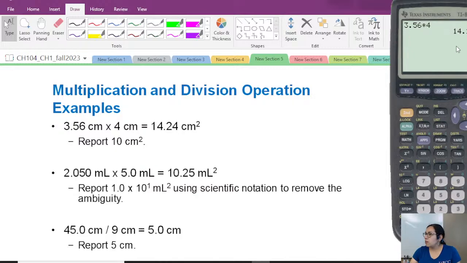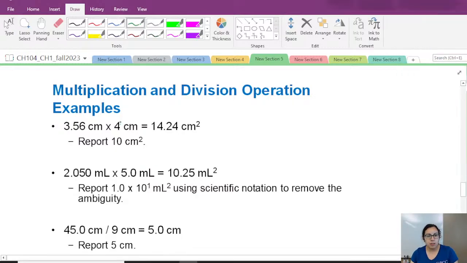The calculator spits out 14.24, except we only have 1 sig fig here. Obviously this is 3, but we are limited by this one. So now we have to round this 14.24 all the way back down to 10. It feels a little uncomfortable. That's why we want to measure more accurately so we can give a good answer.